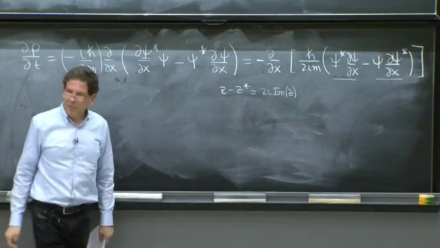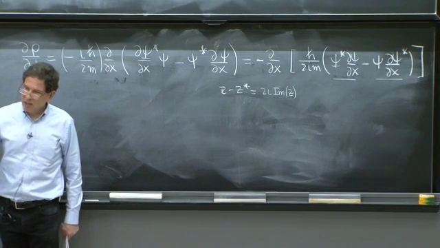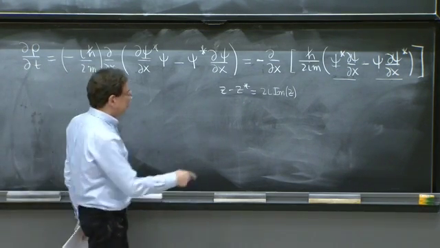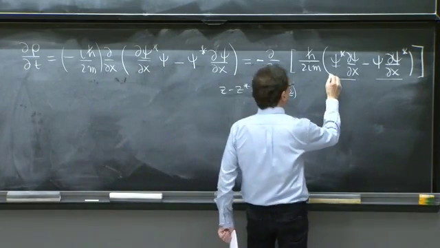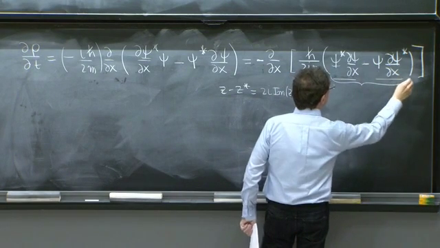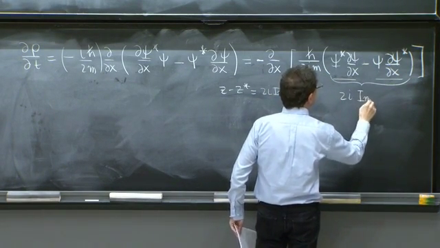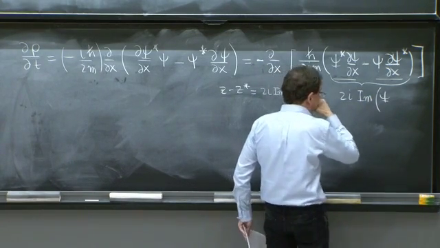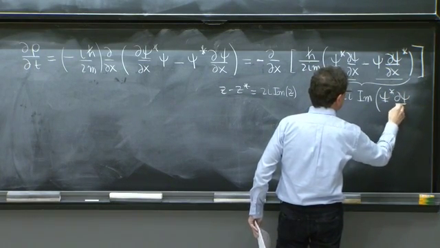If you subtract from a complex number its complex conjugate, only the imaginary part survives, but it's twice of it. So from here, this whole thing is 2i times the imaginary part of psi star d psi dx.